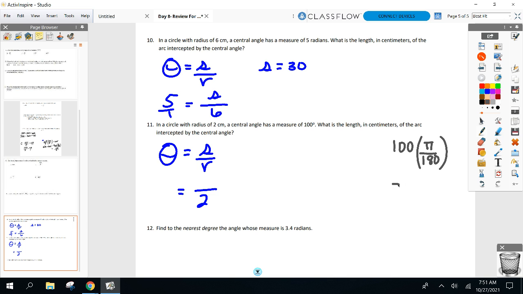I leave pi in my answer and reduce 100 over 180 to 5 over 9, so 5 pi over 9. Guys, just put a fraction template in your calculator and do 100 over 180. You'll get 5 ninths. That is theta. 5 pi over 9.